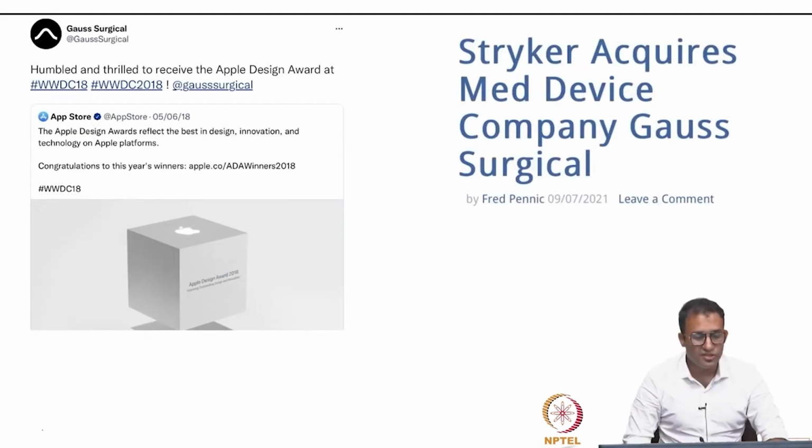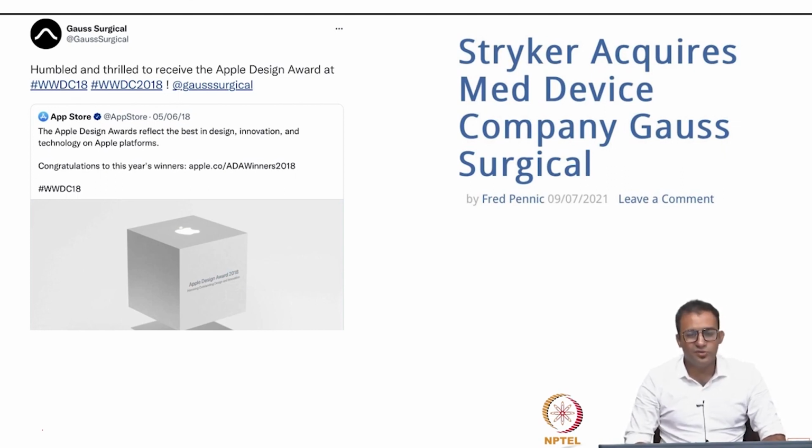So Gauss Surgical won the Apple Design Award at 2018, and a few years later in 2021, during the peak of the pandemic, Stryker also applied Gauss Surgicals for a significant amount of money. So the learning here is that Gauss Surgicals tackled a problem which was a burning problem in surgery.